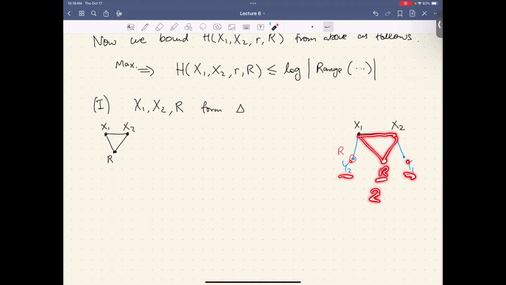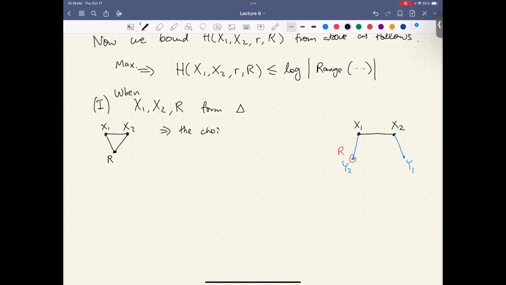The choice of little r, sorry. So when these three vertices form a triangle, the choices for little r is 2. Does it make sense?